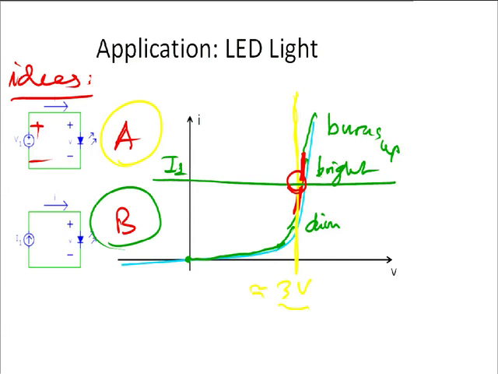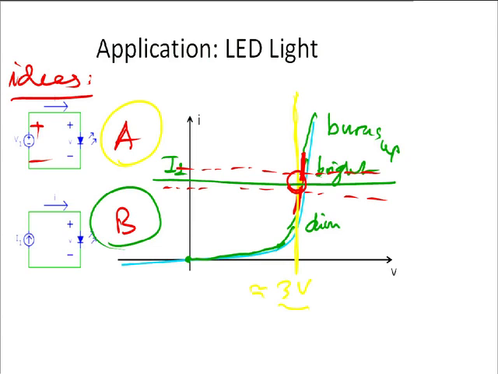Now let's imagine that this current source also has some variation. Sometimes the current is a little bit less, and sometimes a little bit more. What will happen? Well, the light will get a little bit brighter or a little bit dimmer, but not a whole lot. And it will not just burn up unless the current source suddenly puts out twice as much current or even 5 times more current.